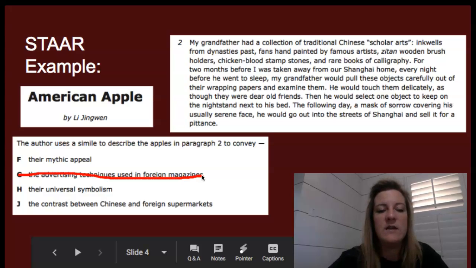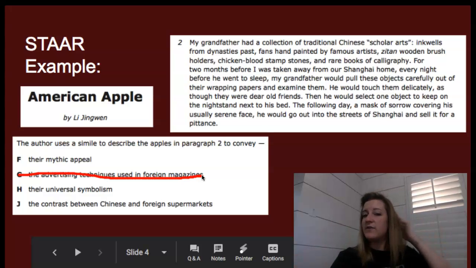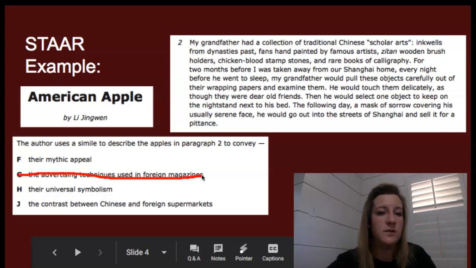You can assume there's some type of symbolism because of how much these pieces are looked after by the grandfather, but it doesn't really talk about them being universal. We're only in Shanghai here, so we have to be careful about all the words in our answer choices. So H is not the right answer.